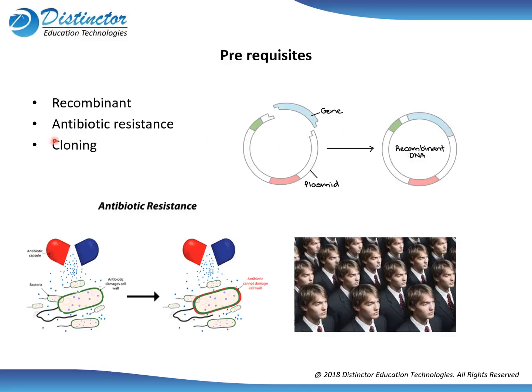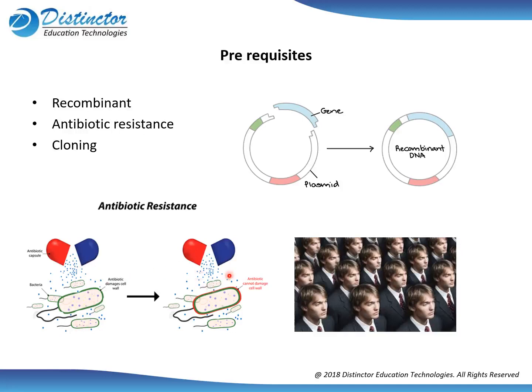The next one is antibiotic resistance. What is antibiotic resistance? Usually antibiotics are used to kill microbes. Some microbes have this antibiotic resistance. Let us take the example of an antibiotic capsule. We introduce it into a culture medium in which bacteria are growing. When we put in this antibiotic, it will easily kill the bacteria if they don't have resistance.